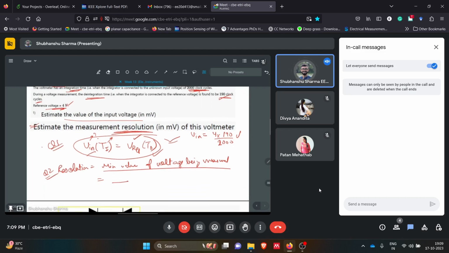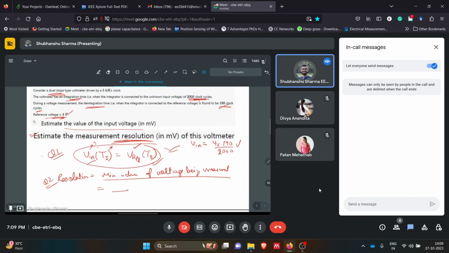Now the resolution will be, see, the maximum voltage which this dual slope can measure is still the reference voltage, 4. We know it cannot go beyond that.